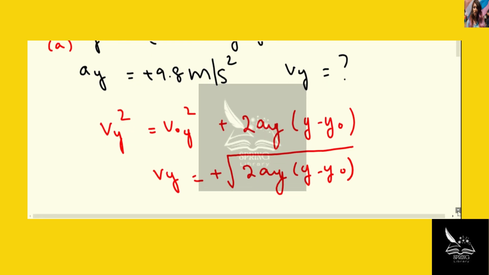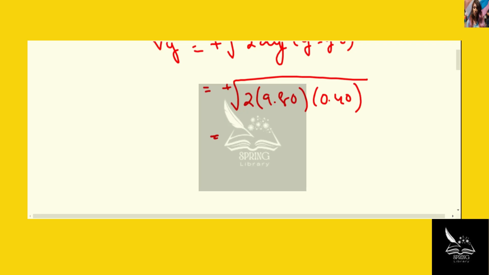When we put all the values, that is equal to plus root of 2 into 9.80 into 0.40, which is equal to plus 2.80 meter per second.